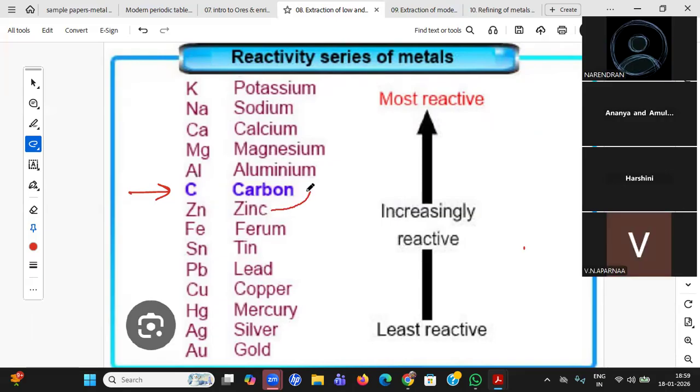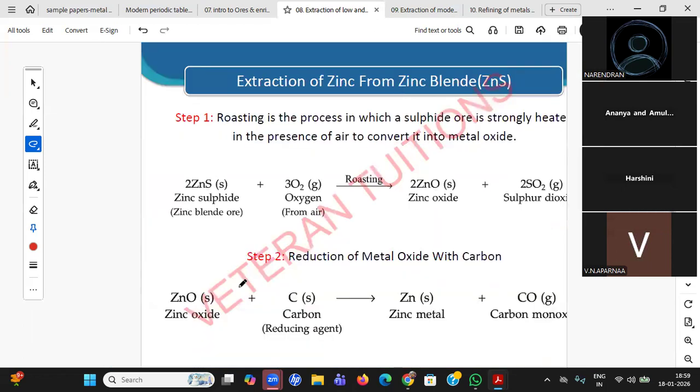It is just above zinc. So don't quote this reactivity series. Carbon is a non-metal; this is a reactivity series of metals. From this you can say, sir, here carbon is more reactive than zinc. That means if I use carbon, carbon will replace zinc.